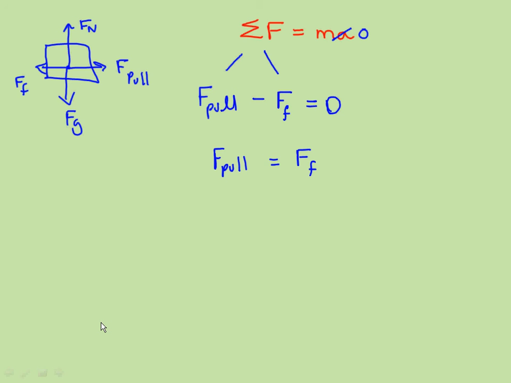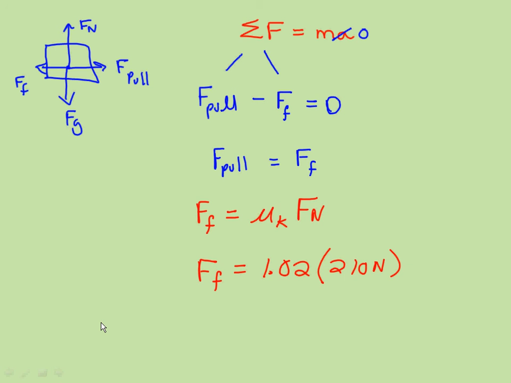So now we're going to calculate that frictional force. The frictional force is equal to mu k times the normal force. So our frictional force is 1.02, which was given in the problem, times the normal force, which is 210 newtons.